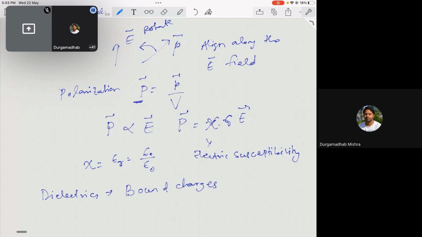And this bound charge depends on the polarization of the material.